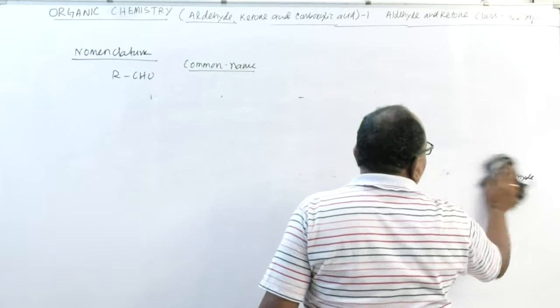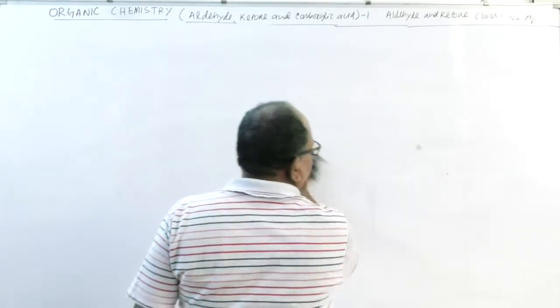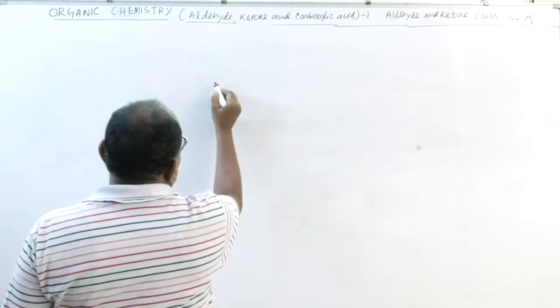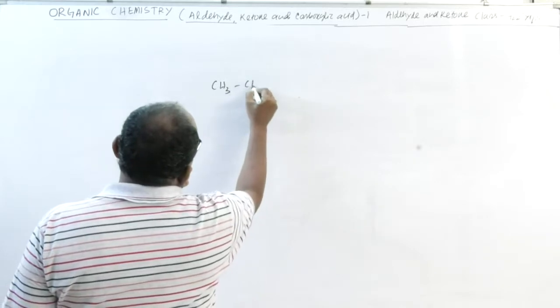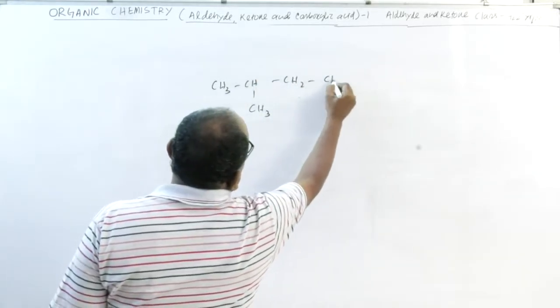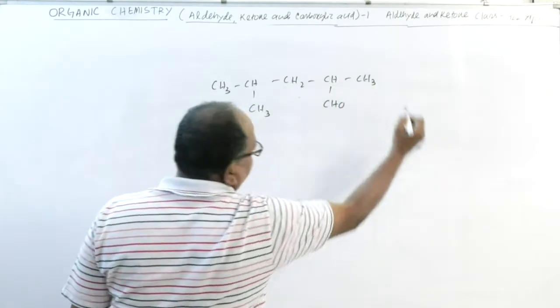Let us give a complex molecule to name, the aldehyde CH3, CH, CH3, CH2, CH, CHO, CH3.